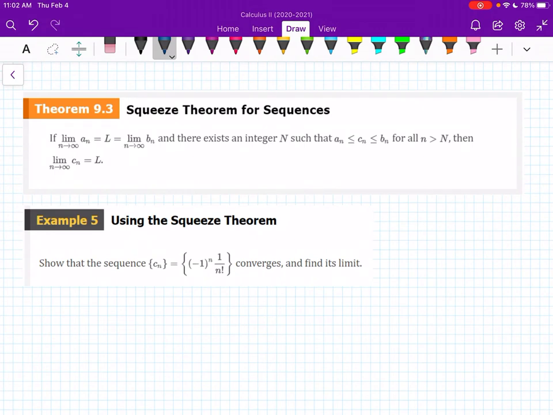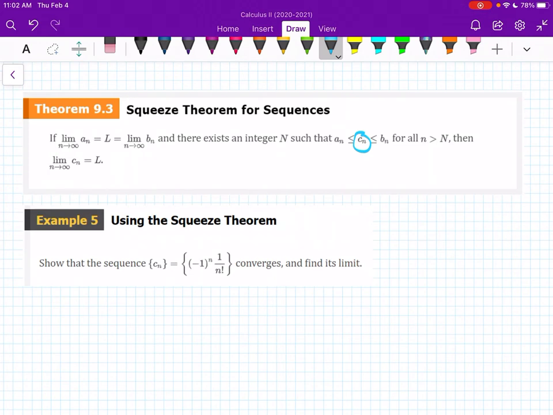Next, the squeeze theorem. This is one of my favorite theorems. So this says if I have two sequences, a sub n and b sub n, and I know they have the same limit L, and then I know that there exists some integer n such that whenever I am greater than that, okay, so whenever I'm beyond a certain point, kind of like our definition of the limit in the first place, so once I'm past a certain term number, the sequence I'm interested in, c sub n, is always sandwiched or squeezed between a sub n and b sub n.